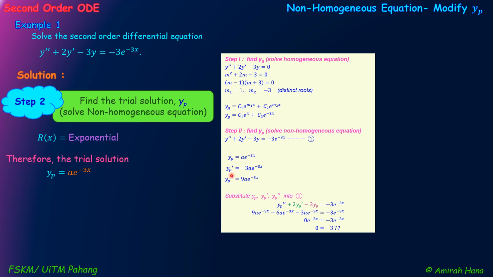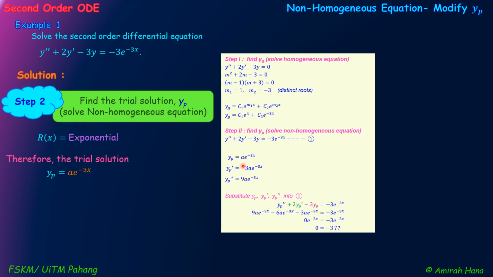After we find yp, we need to find yp prime. So we differentiate this. We got -3a e to the power of -3x. We need to differentiate yp twice. So we find yp double prime by differentiating from yp prime here. We got 9a e to the power of -3x.